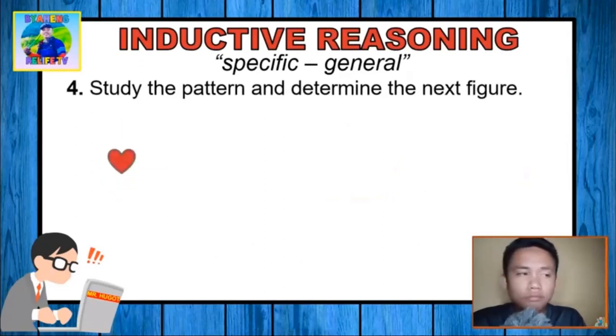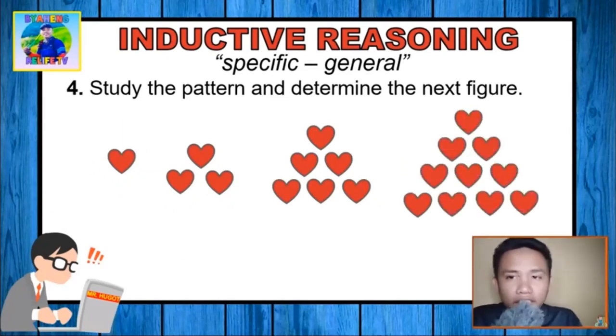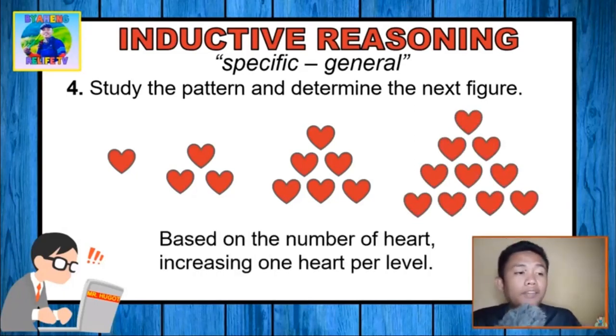May 3 puso. Anong sunod na pattern? Ilang puso kaya yan? Answer is 10 heart. Very good po. 10 heart siya because for every number of heart increase 1 heart per level.